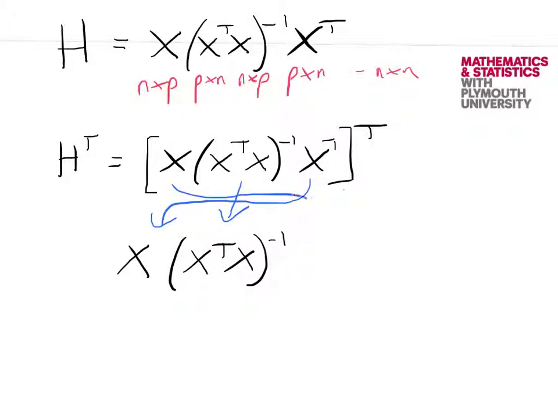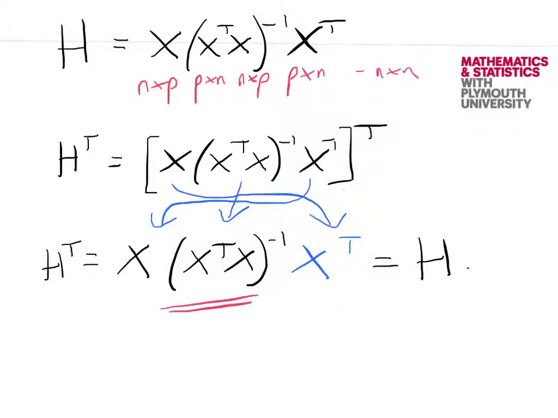Then finally this term comes here and is transposed, so that gives us X (X transpose X) inverse X transpose, and of course that's the hat matrix. So, provided you're happy to check that this is indeed a symmetric matrix, we've just seen that the hat matrix is a symmetric matrix.